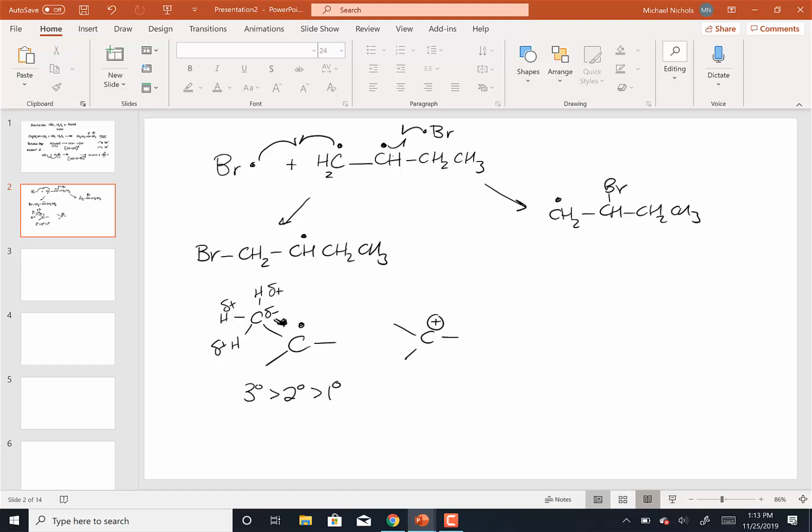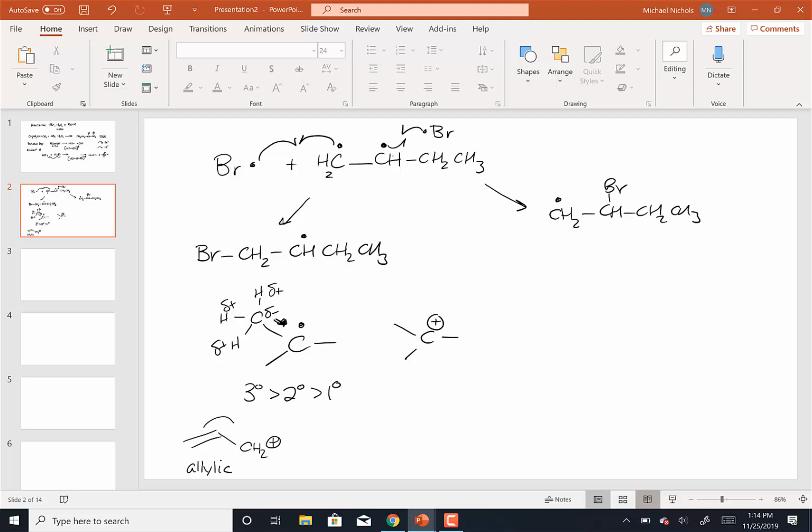You can also have stable radicals from being next to double bonds. So for instance, when we had this primary carbocation, we said that is stable because it's what's called an allylic carbocation, because the C plus is next to the double bond.